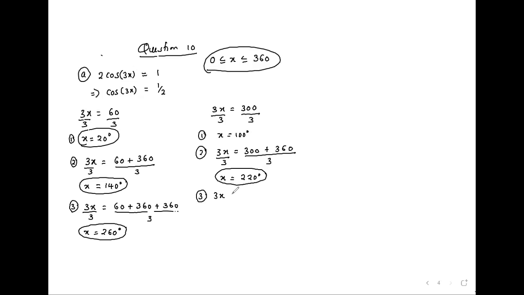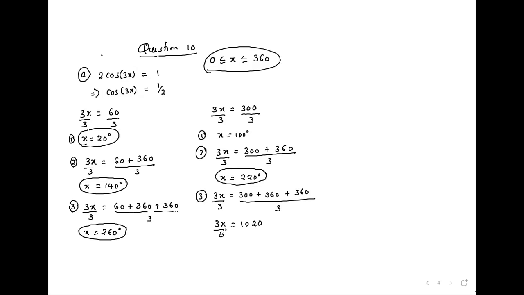And then third, let's see. So we have 300 plus 360 plus 360, and then we'll divide it by 3. So 3x is 1020.